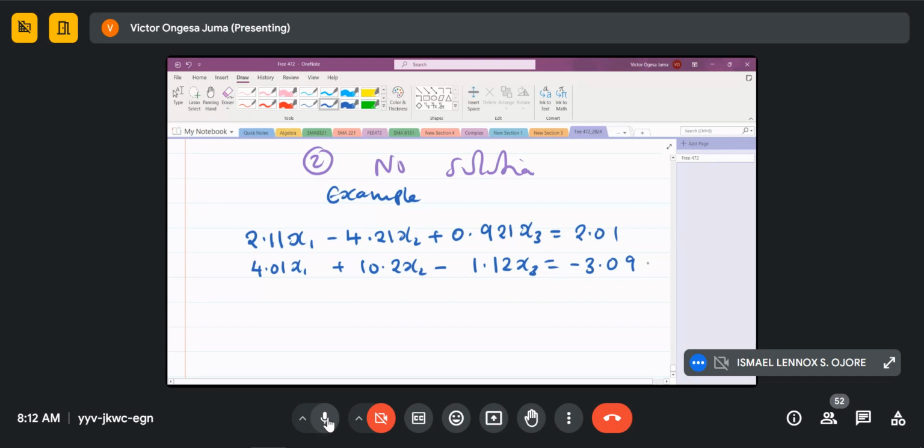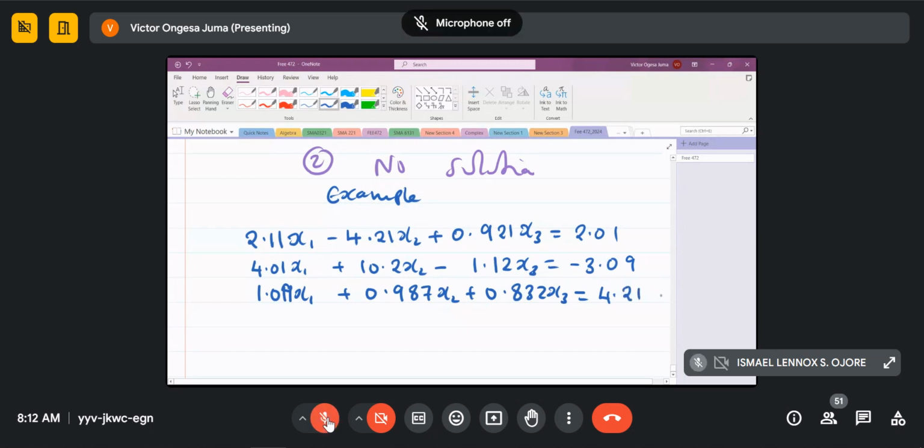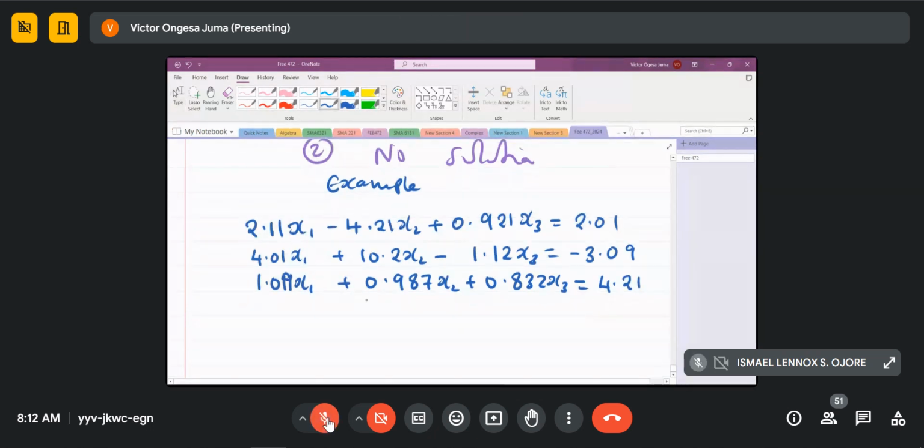Then the third equation, 1.09 x1 plus 0.832 x3 is the same as 4.21.